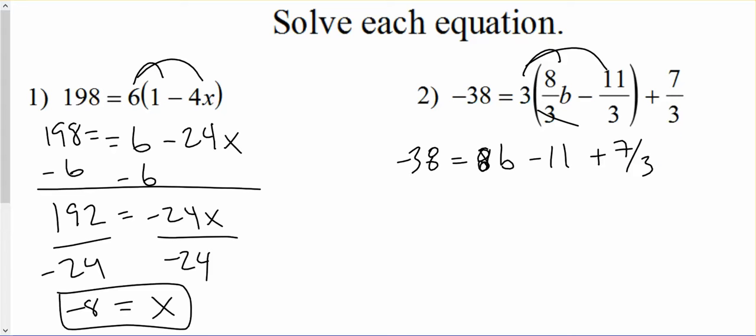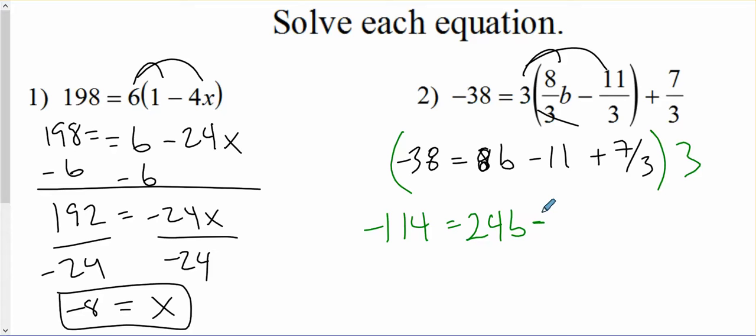So if I multiply the entire equation by 3, I'll get 3 times 38, so negative 114 equals 3 times 8 makes 24b. 3 times negative 11 makes negative 33, and 3 times 7/3 makes positive 7.